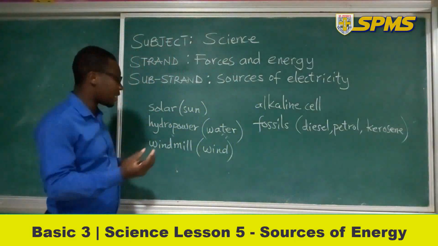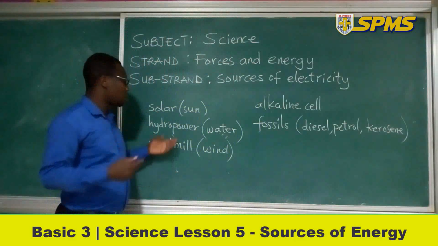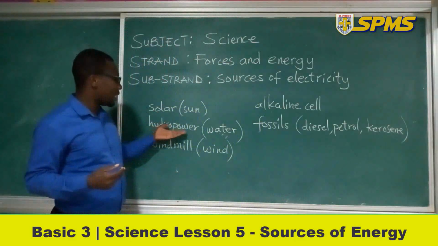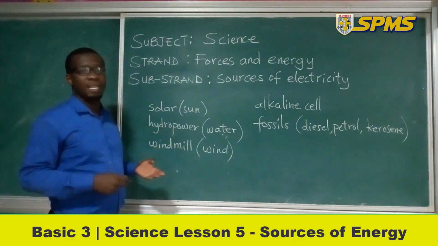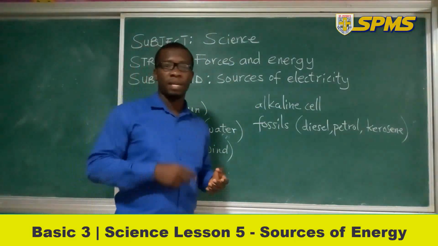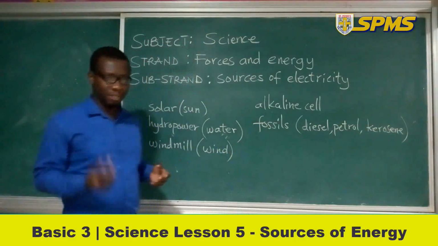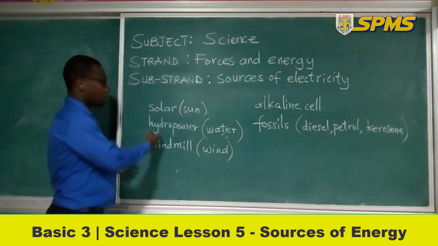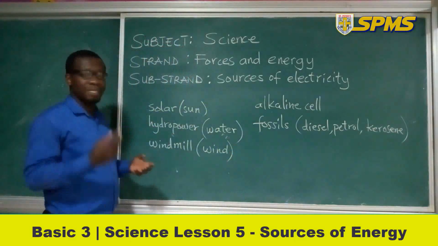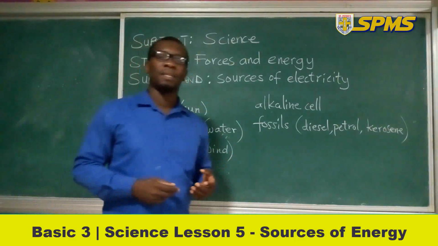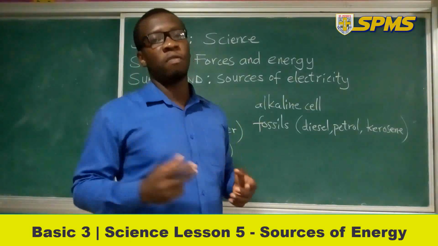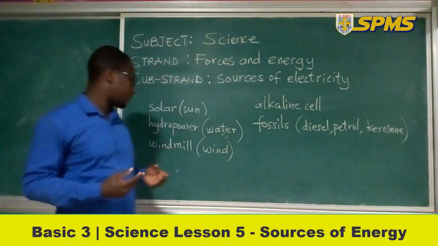So the use of water can also be used to generate electricity. So anytime we have water in our rivers, we can use it to produce electricity, which we call the hydropower. So this also can be used over and over.